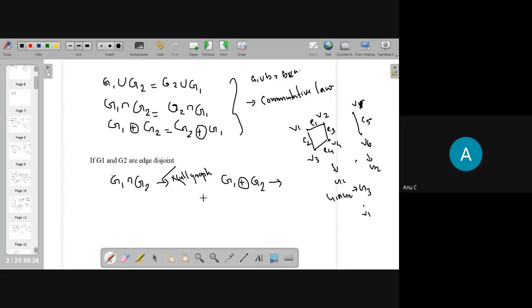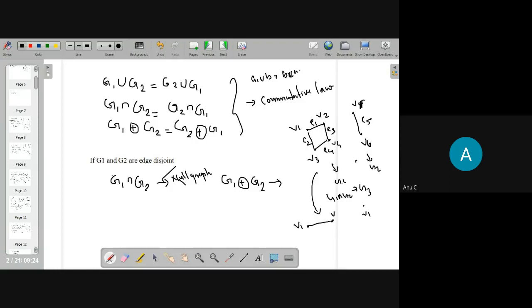Okay, the next, G1 ring sum G2. ഒന്ന് പെർഫോം ചെയ്തേ. എന്തായിരിക്കും?